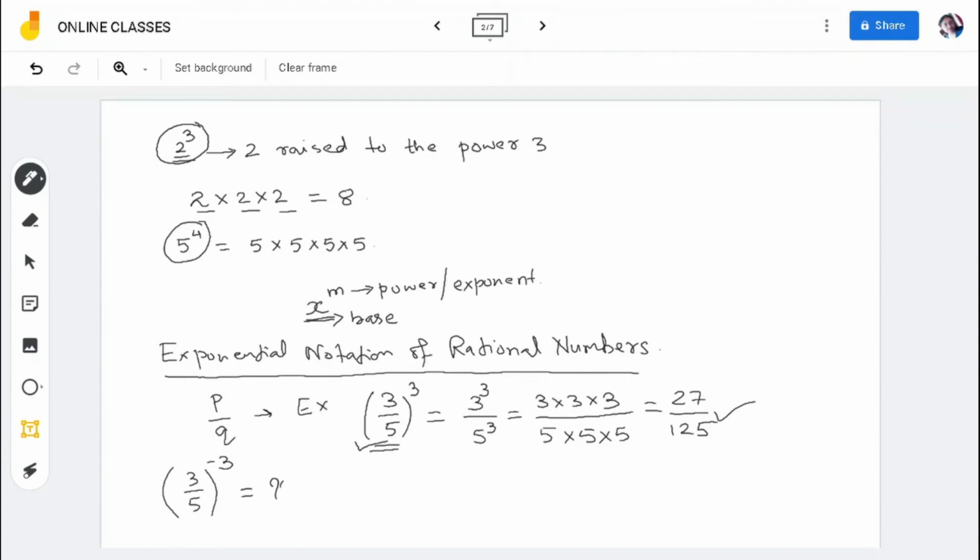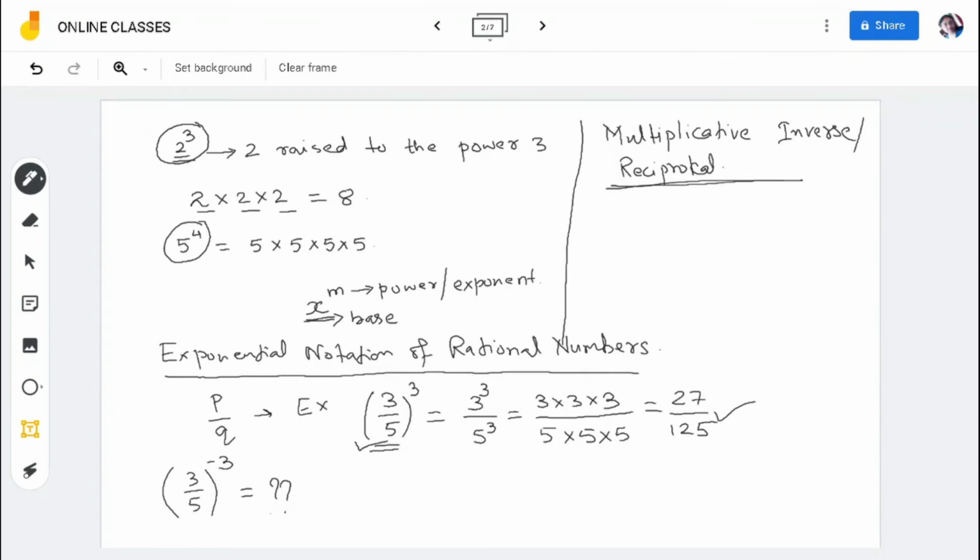For that purpose, we should know about the multiplicative inverse, or we can say the reciprocal. We should know about these two terms, right? What is the multiplicative inverse, and what is known as the reciprocal of a number.